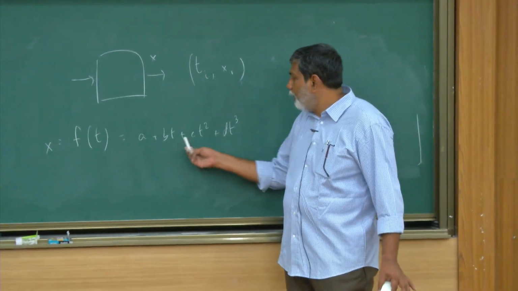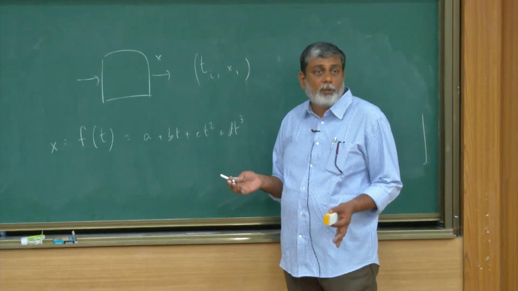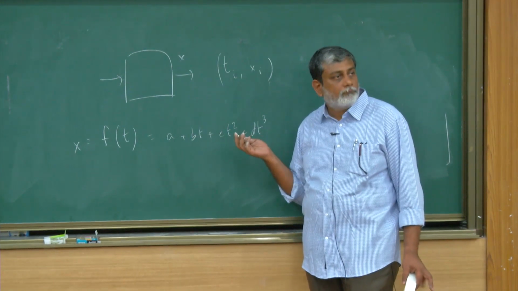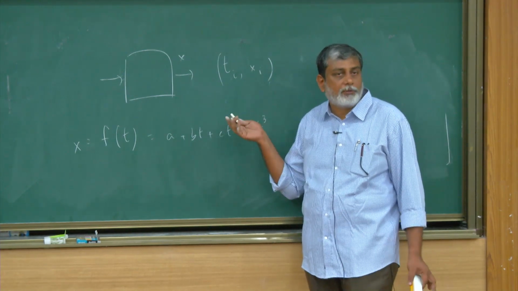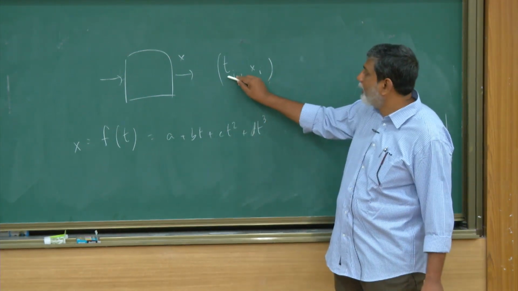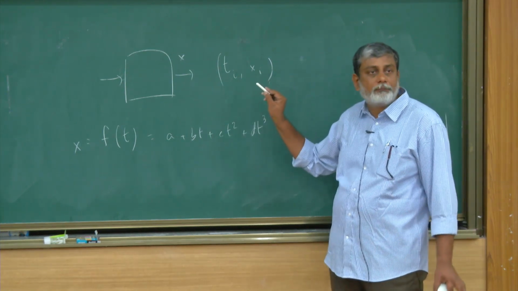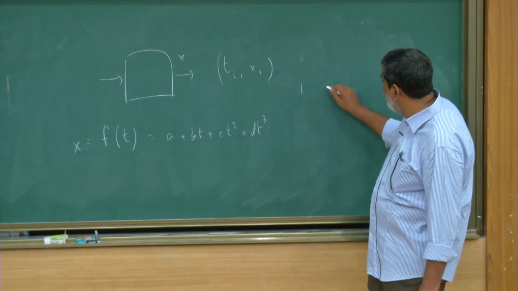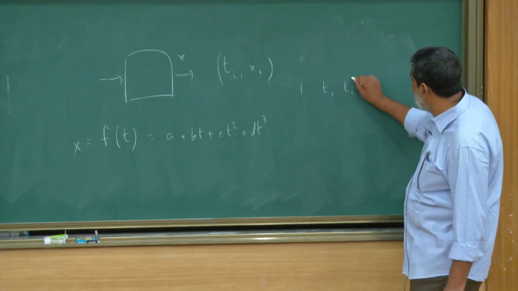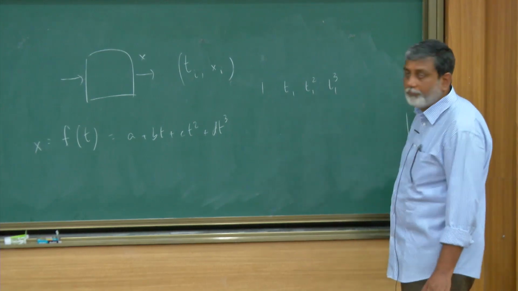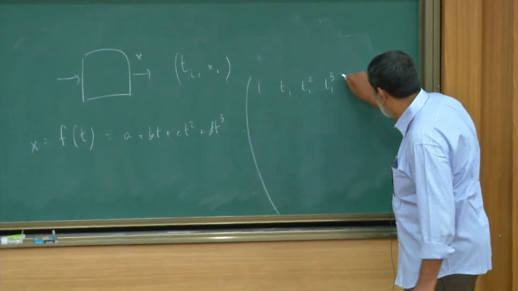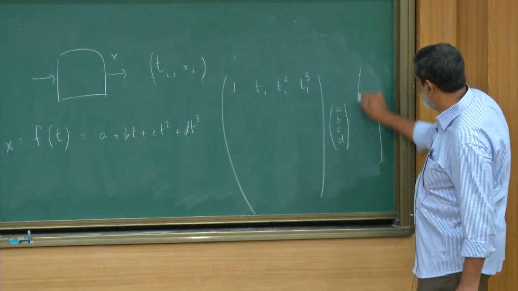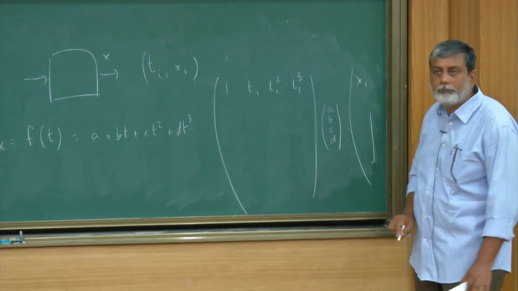Now we don't know what this ABCD is, so the modeling problem is to find ABCD. But you have observations. So say at time instant t1 you had x1. So I do the following: 1, t1, t1 squared, t1 cubed times A, B, C, D should give me x1.